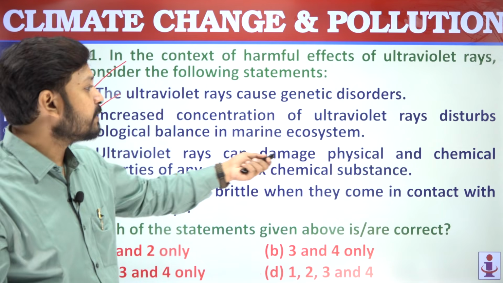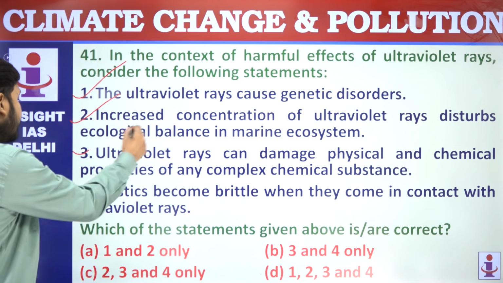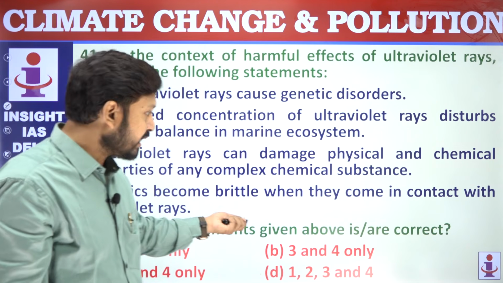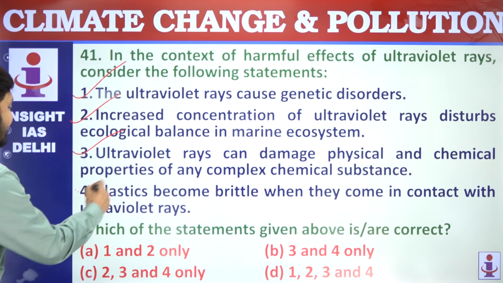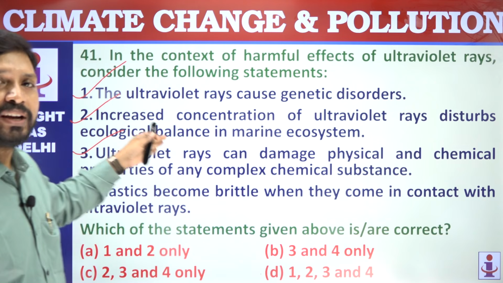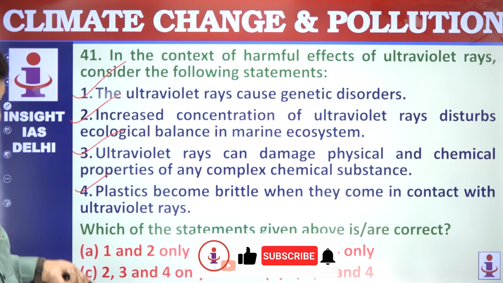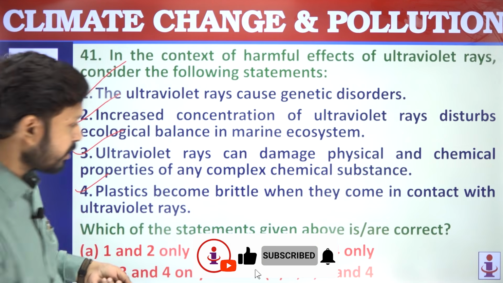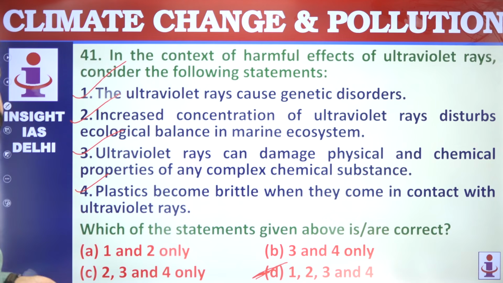Ultraviolet rays can damage physical and chemical properties of any complex chemical substance. Yes, this is also right. Plastics can become brittle when they come in contact with ultraviolet rays. This is also right. All will have a negative impact because of ultraviolet rays. So all 4 are correct. So all 4 are there in option B. So 1, 2, 3, 4 are correct for us. Is it clear? We'll go to the next question.